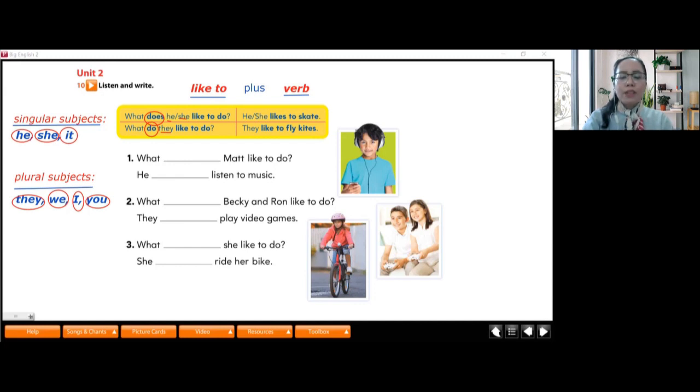And about the answers, for singular subject like he or she, we need to use the verb with s, likes to.